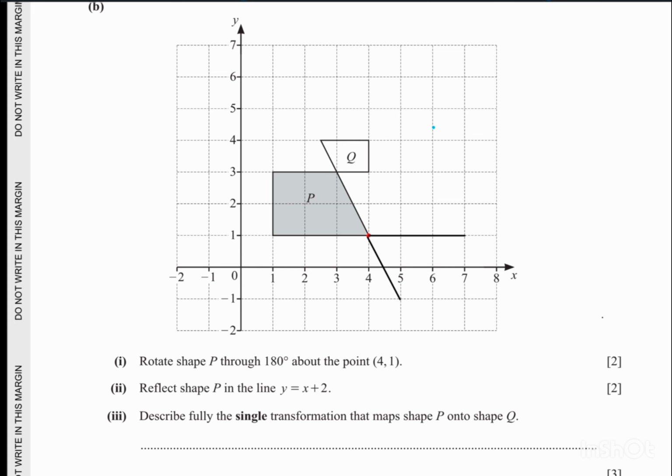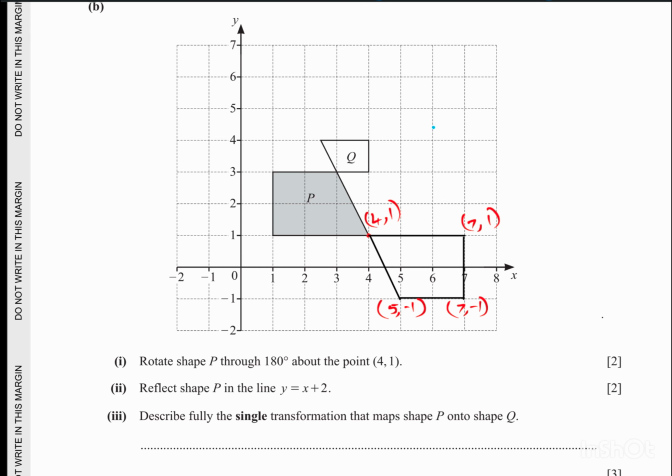Because I'm rotating 180 degrees, we can assume like this. Then draw the other remaining lines, like this. So this is rotated 180 degrees. So write down the coordinates now. This is (5, -1). This is (7, -1). And here this is (7, 1). And this is (4, 1). This is rotated. Question number 1 is done.